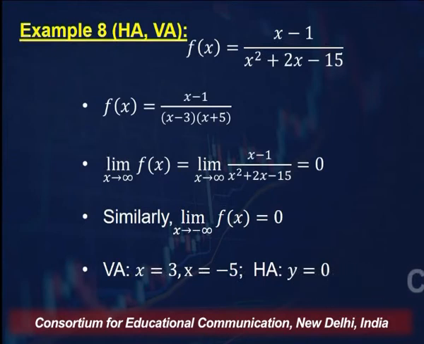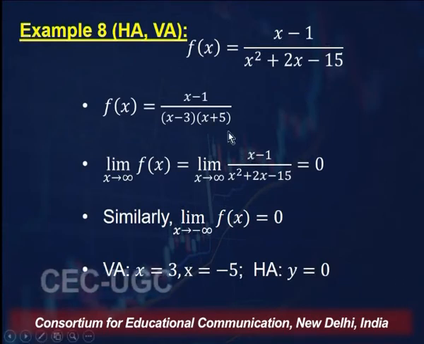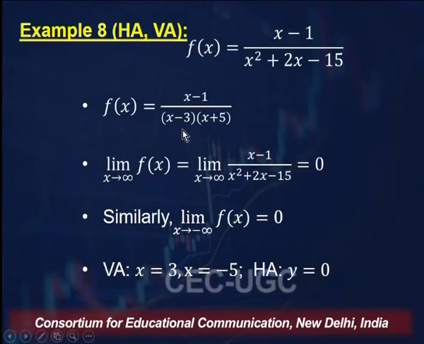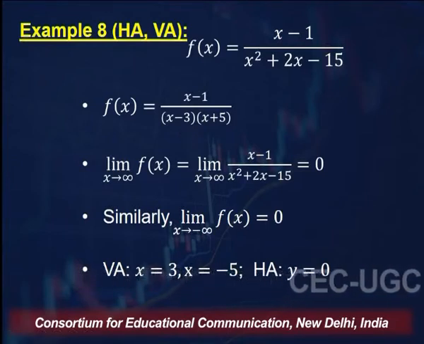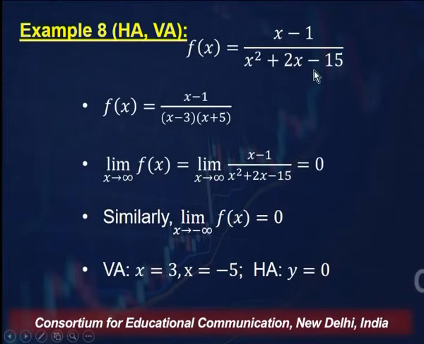So in this case, the function is given by x minus 1 divided by x squared plus 2x minus 15.